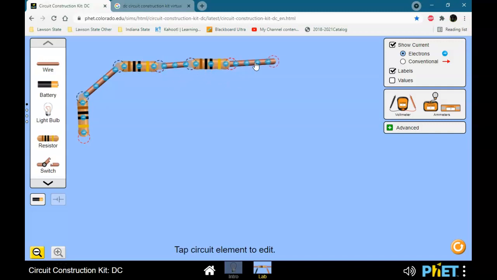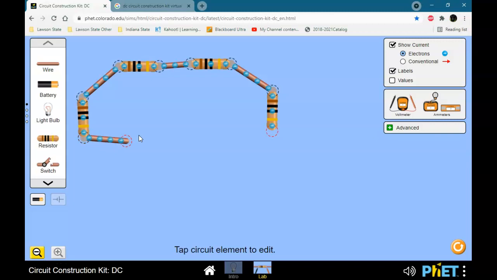One of the things it shows is electron flow, or how the electrons are moving. You can also tell it you want to do a conventional flow, which means it's the way we think it moves, not so much the way it actually moves.